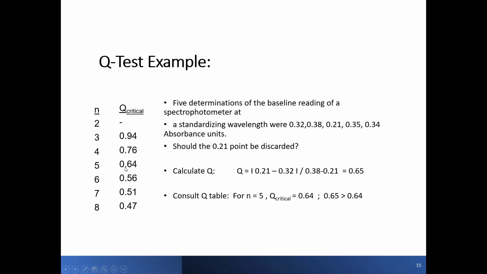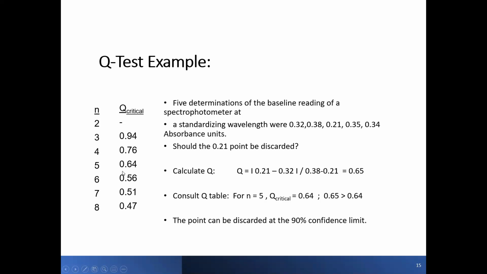Then when we look at the Q table, I have 5 data points, so I look at n equal to 5. The critical Q is 0.64, and the Q value we calculated is larger than that. So the data point can be discarded. When you look at the Q table, it shows you the confidence level.